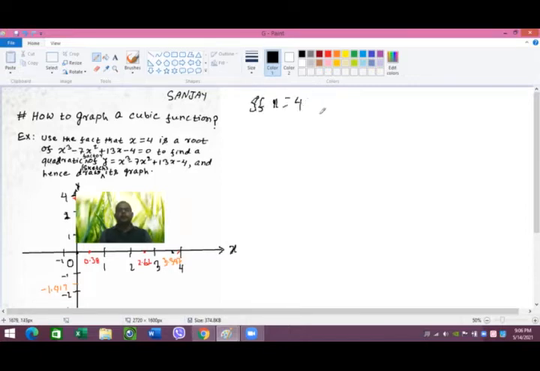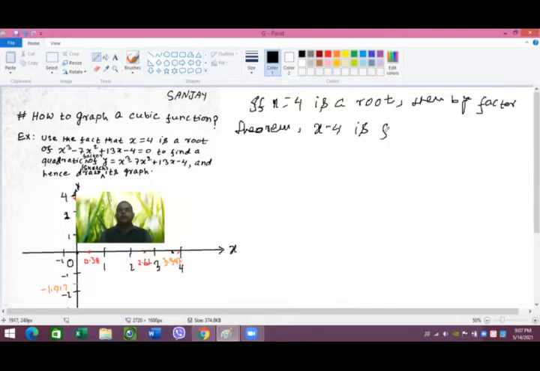So if x equals 4 is a root, then by the factor theorem, that you have already done in grade 9 and 10 and also in IGCSE, x minus 4 is a factor of the given polynomial.